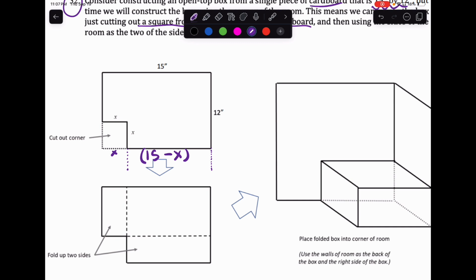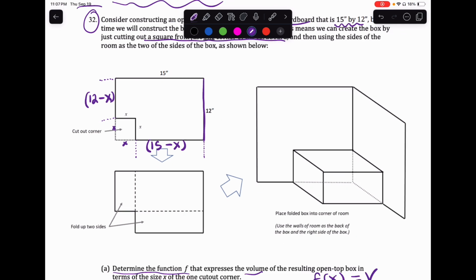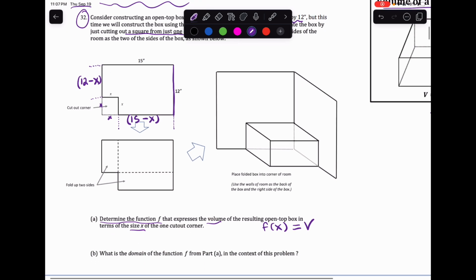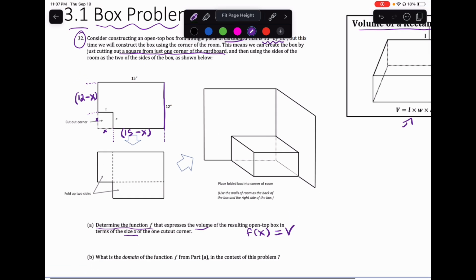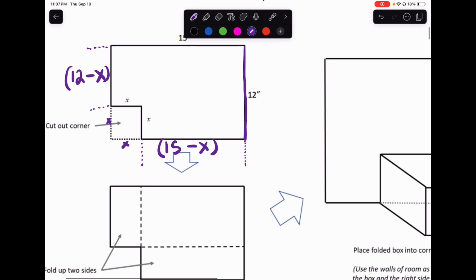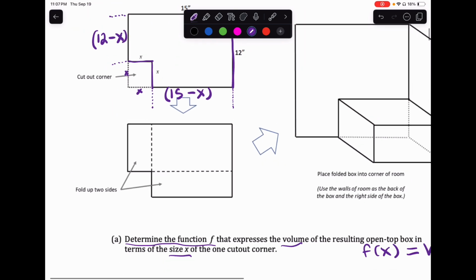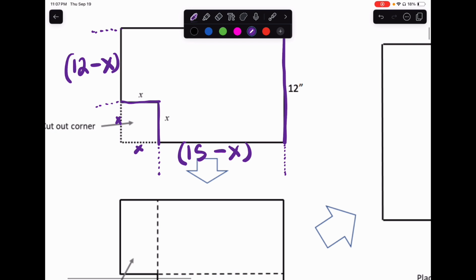On this side, we know the width is 12 inches. We want to figure out the width after we cut out the other side of the corner, so that's just going to be 12 minus x. Now we have our length and our width. If you remember from class, whatever we cut out from the corner, our x, the length of the side of the cutout, is going to be our height.